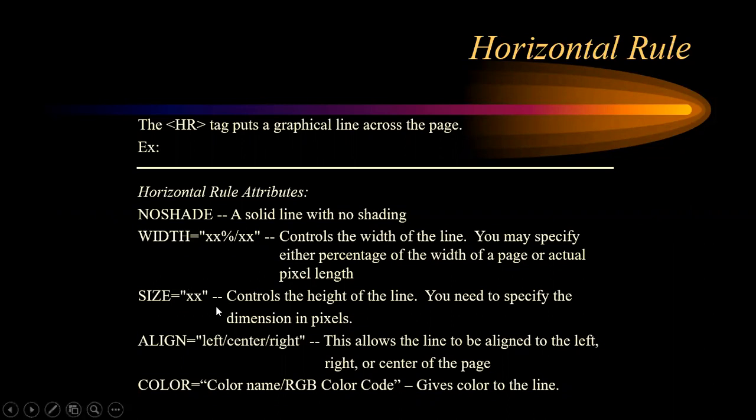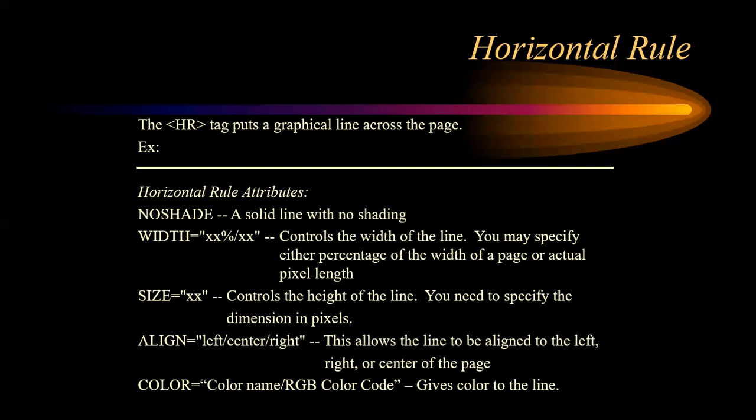Similarly, size: at how much size you want to insert the horizontal rule, we can also give this size, and this size will be in pixels. Overall, the screen size is in pixels, so the number of pixels can be specified over here to give the size for the horizontal rule that will be inserted in the web page.